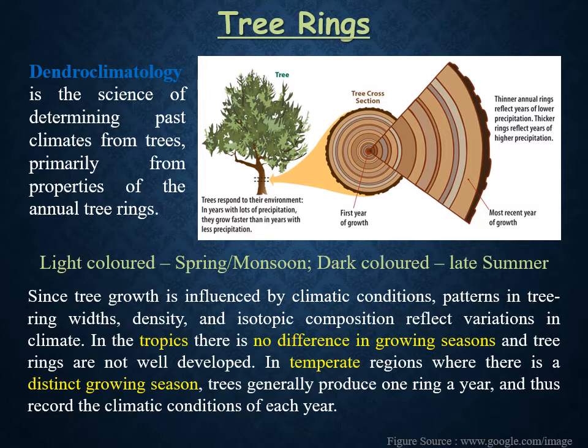From these growth rings, we can first get the age of the trees, which is known as dendrochronology. Also, along with the age of the tree, if we study these individual growth rings, these individual bands, we can also get an idea about the ancient climatic condition, and this study is known as dendroclimatology.